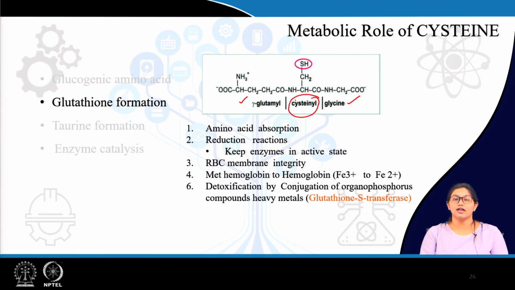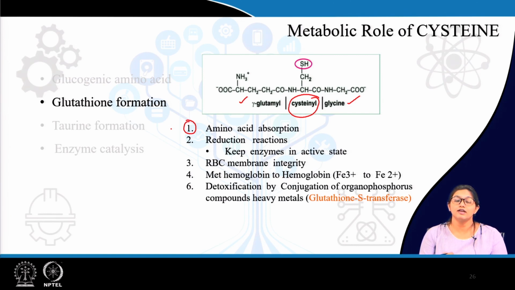Now, this glutathione is important with regard to multiple functions. The detailed function will once again be discussed in glycine metabolism, but remember glutathione is required for amino acid absorption. I have already discussed the Meister cycle in digestion and absorption of protein.